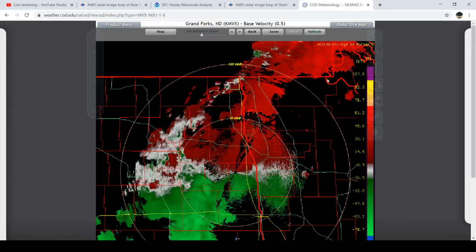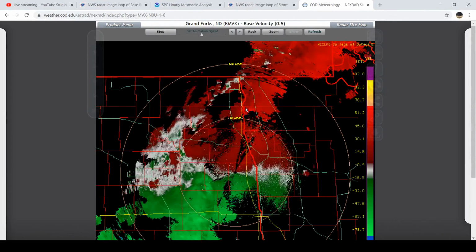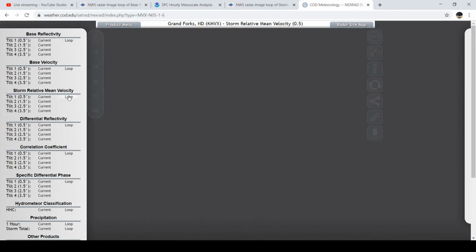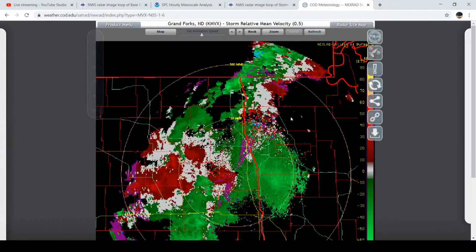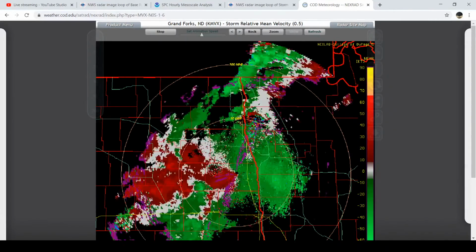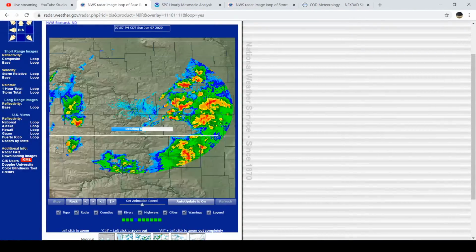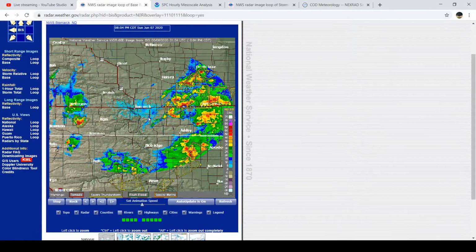Yeah. So it's this storm that's tornado warned right now. You can definitely see the rotation right there. Let's refresh and see what's happening with this storm over here. It looks like it's still growing.